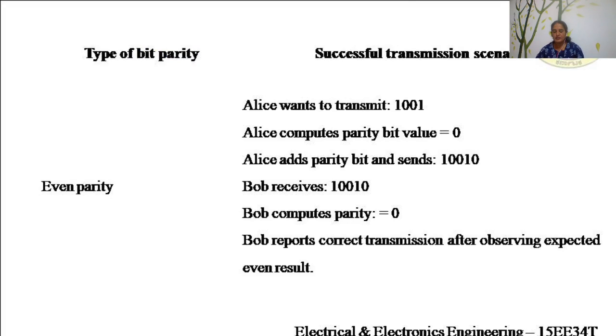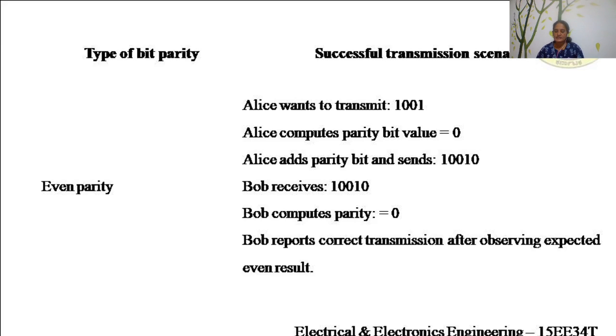For even parity, the parity bit will be 0 since the number of ones in the data is even. Data sent is 10010. Before data transmission, the sending end and receiving end should know whether they are using even parity or odd parity.